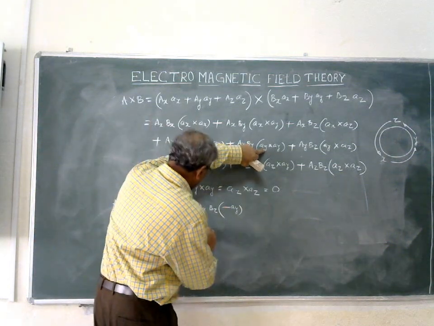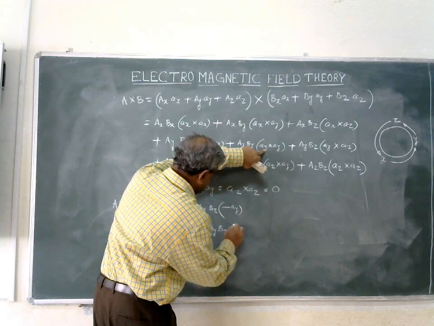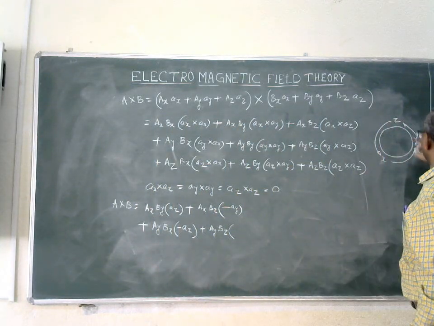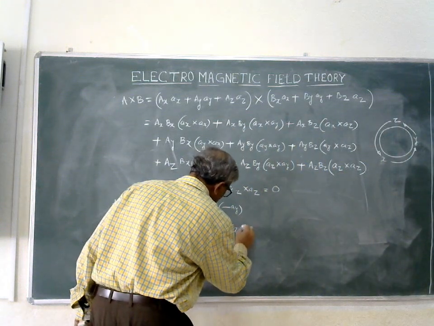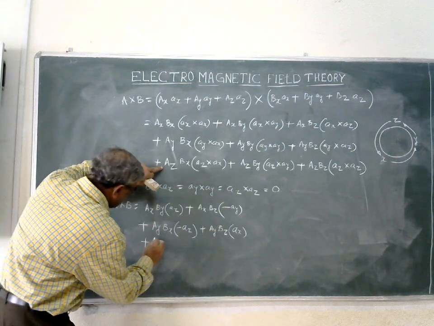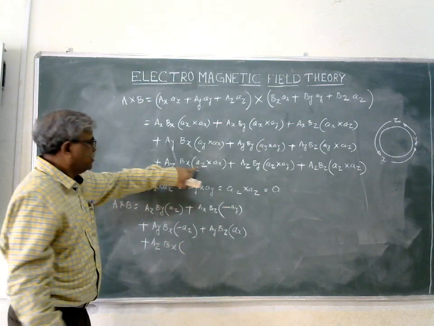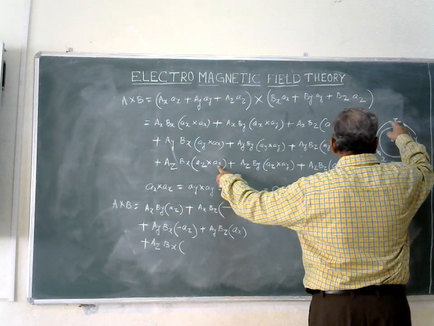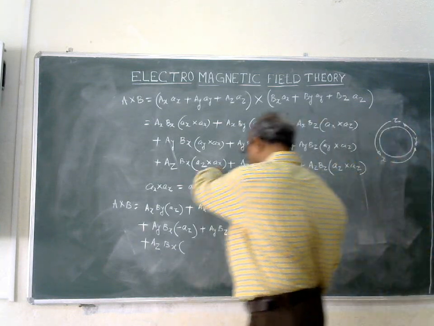Next, Ay Bz: Y is rotated towards Z, which is in the positive direction, so you get ax. Plus Az Bx: Z is rotated towards X, which is in the positive direction, so it is ay.